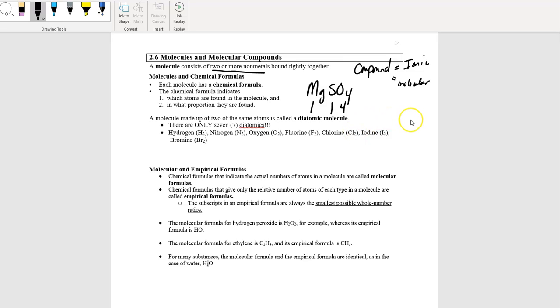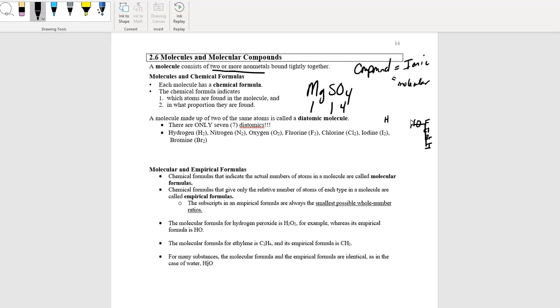Remember our little trick on the periodic table: you've got nitrogen, oxygen, fluorine, chlorine, bromine, iodine, that makes 6, and then don't forget our favorite element in the corner, Mr. Hydrogen, making 7.